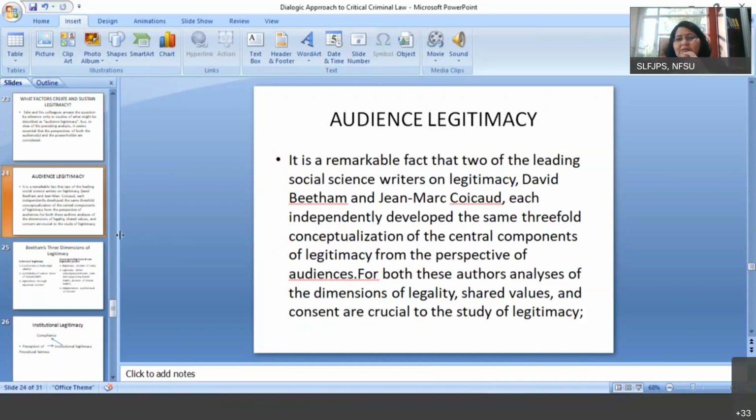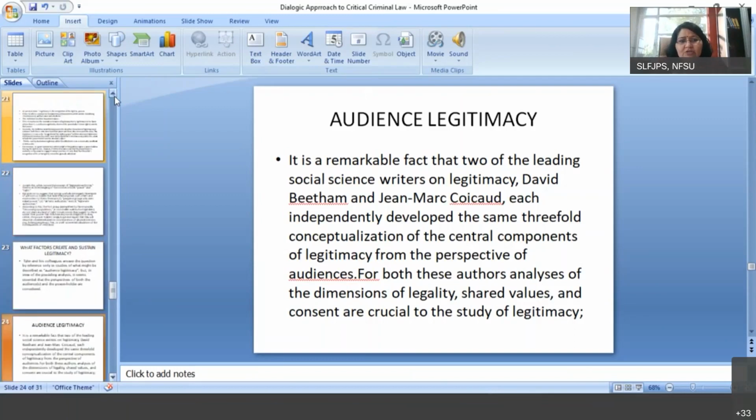In this context, a lot of work has been done by Jean Marc and Bithan, who have tried to look at audience legitimacy with reference to shared values and consent to a given process. Consent is possible only when people are involved and given an opportunity to participate in the entire process.